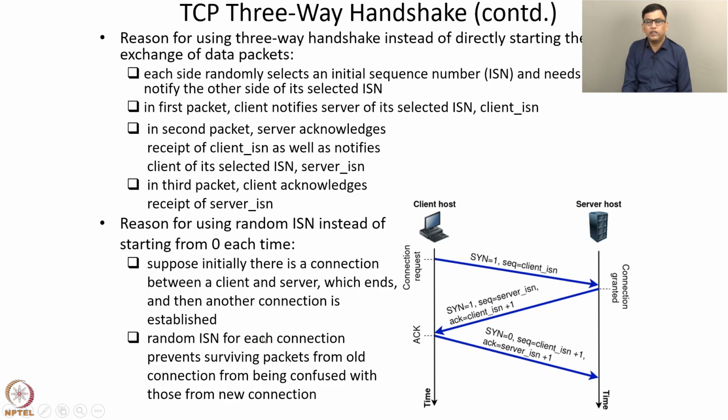So hence the sequence number values of the old connection are not confused with the sequence number values of the new connection. Whereas if every connection started with the same sequence number of 0, then it was possible that if there were some surviving packets from the old connection, they would be confused with the packets of the new connection. So to prevent this, a random initial sequence number is used for each TCP connection.